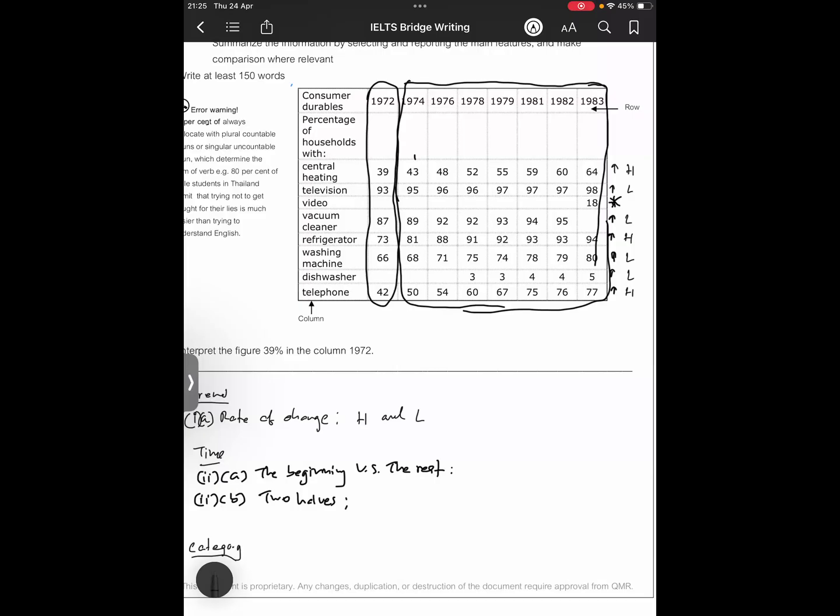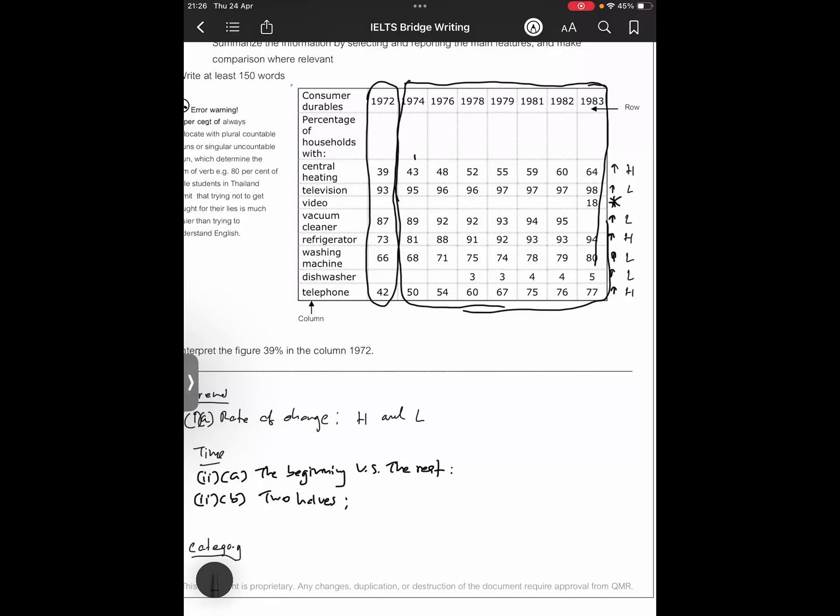All right, it went up from 93 to 98. Okay, and that's over the period of 11 years. Okay, and the difference is 5. So it went up by 5% from 93 to 98. Okay, so you do similar things for other items as well.